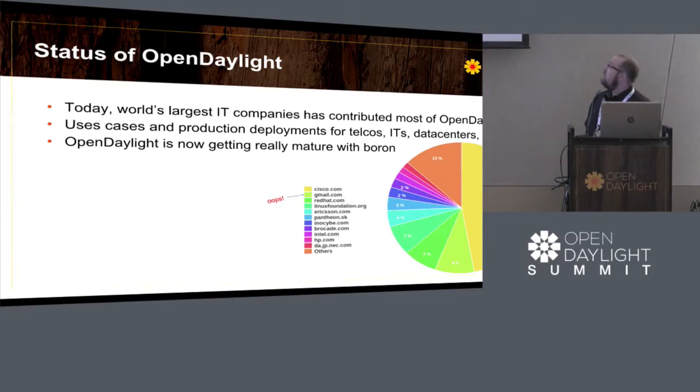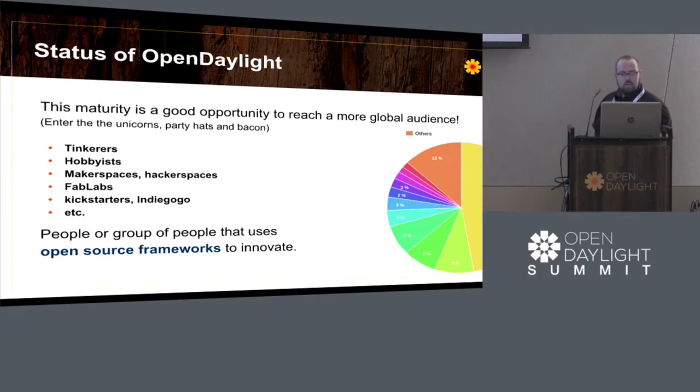This is the current spectrometer graph that shows the proportion of each company's contribution to the OpenDaylight project. There's a small one, which is interesting, the other branch, with the ones that we don't know much about. I was thinking we should maybe make that pie chart a little bigger.